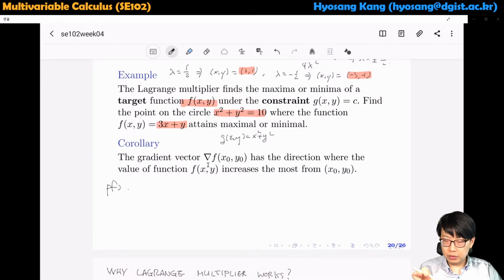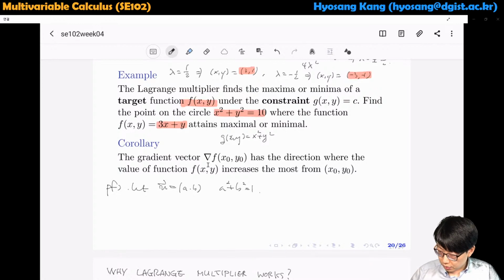I just want to move by a unit, but the question is, in which direction should I move to increase the function f the most? So let's say this vector u = (a, b) is a unit vector, and I want to maximize the increase of the function in the direction of u.